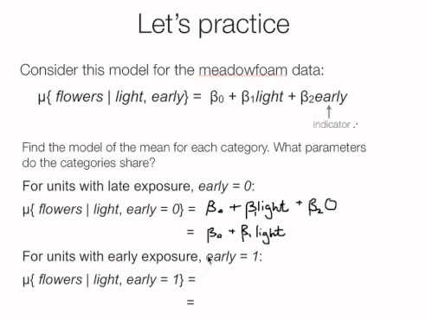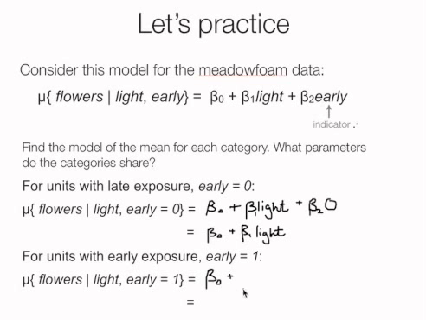Okay, now for the units that get the early light treatment. In that case, that early indicator variable will take the value 1. So we're interested in finding the mean number of flowers as a function of the light intensity when the early indicator variable takes the value 1. Again, we can just start writing out our regression model and substitute in anything we know.